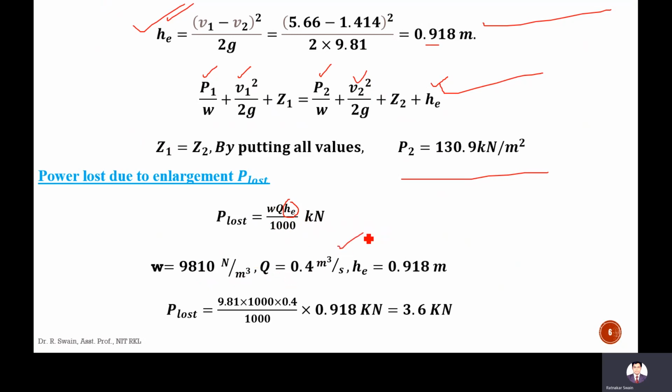Discharge is given. The head loss is only due to enlargement, that is 0.918 meter, and putting the values, the power lost will be 3.6 kilonewton.